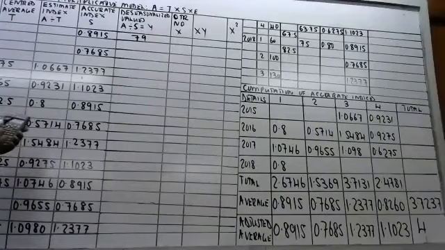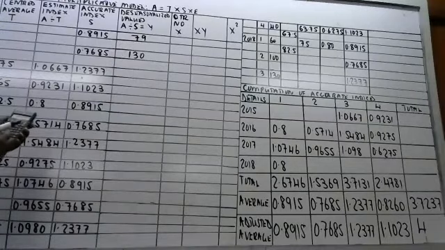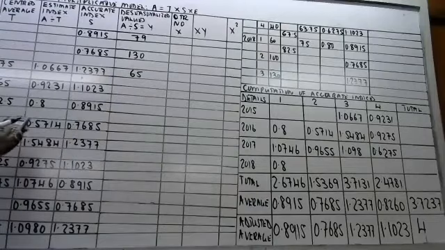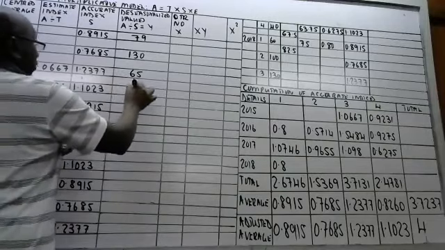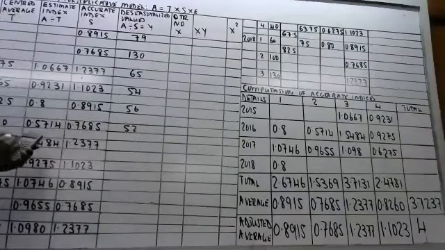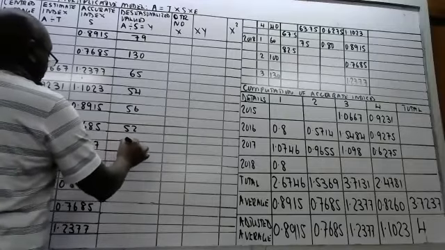Then 100 divided by 0.7685, I get 130. 80 divided by 1.2377, that is 65. 60 divided by 1.1023, that is 54. 50 divided by 0.8915, that is 56. 40 divided by 0.7685 is 52. 120 divided by 1.2377 is 97.